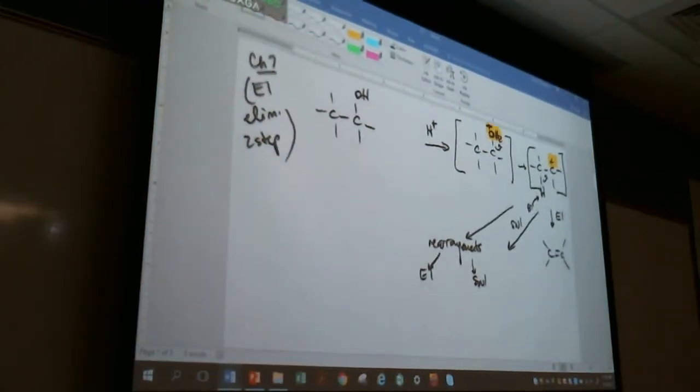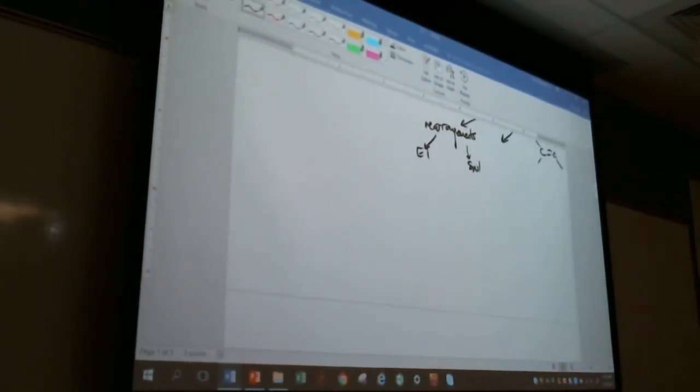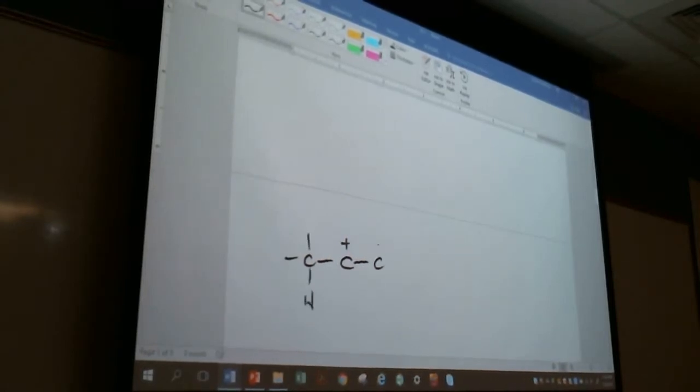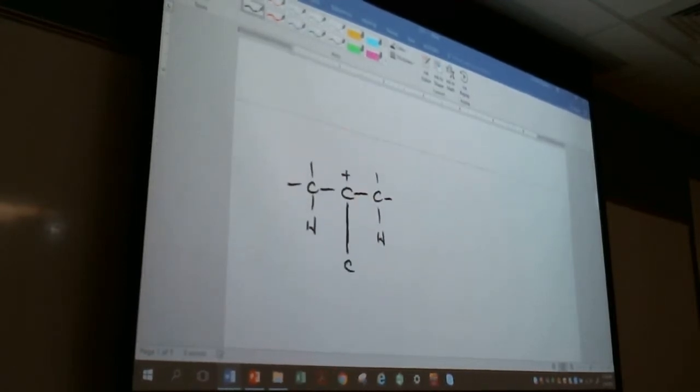So once I form a carbocation, I could eliminate this hydrogen and form a double bond here.